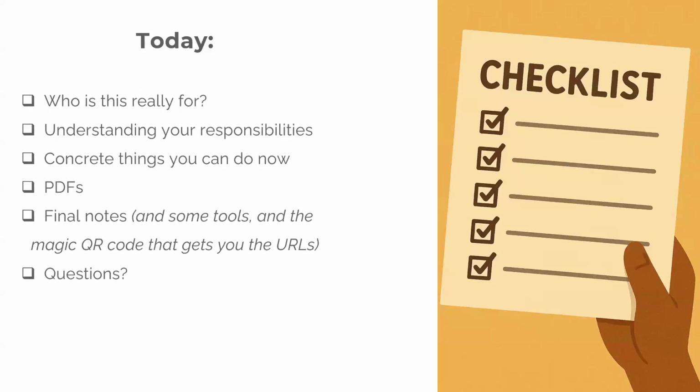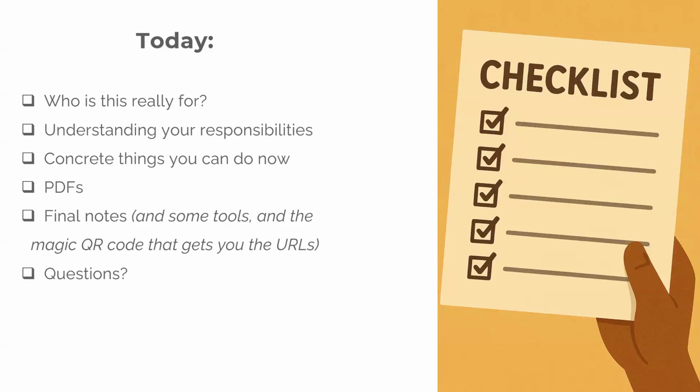So here's what we are going to talk about today. We're going to start with who is all of this really geared to? Because again, my experience has been, and I've been talking about web accessibility across the US for library organizations for easily a decade, probably more, that sometimes folks don't always understand exactly who this is geared for. And then the piece that probably a lot of you want to know about, which is understanding your responsibilities as a library.